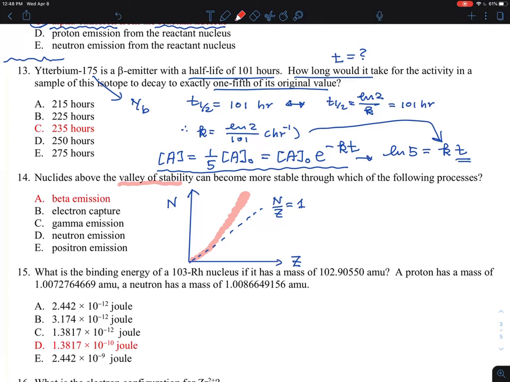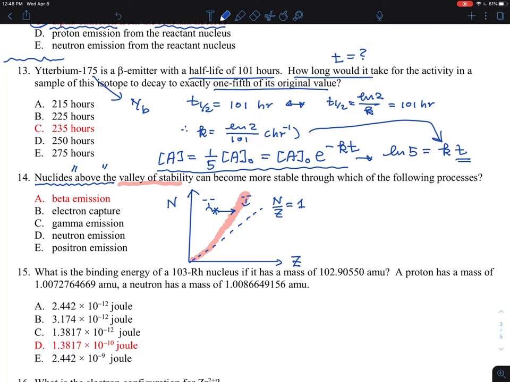So what that means is anywhere that is not in the valley of stability region, something wants to happen. And then they say a nuclide above the valley of stability, quote unquote, above the valley of stability. So what that means is you are above it, and you are unhappy, but you want to be happy right here.